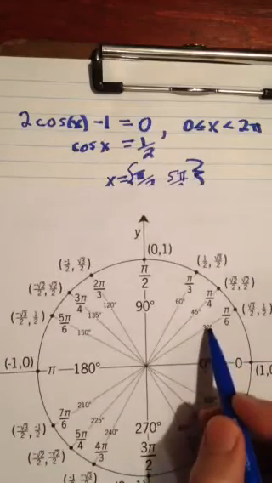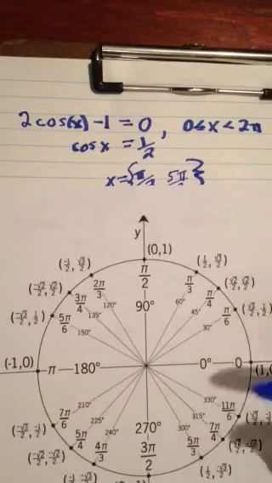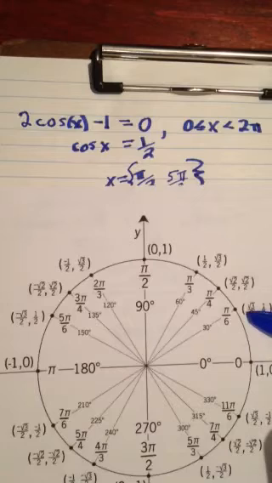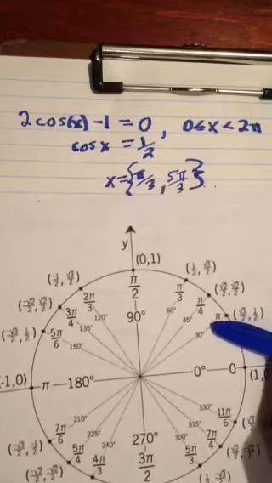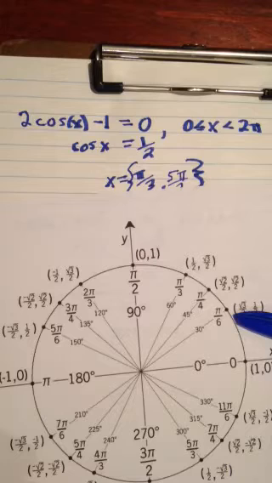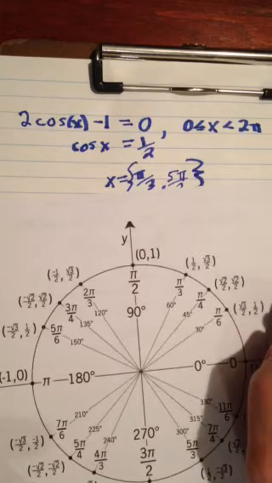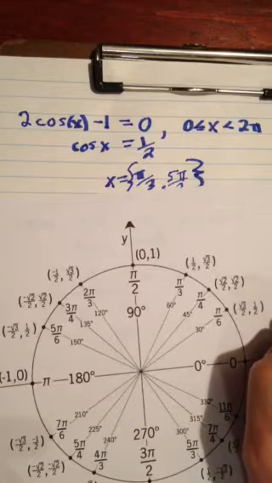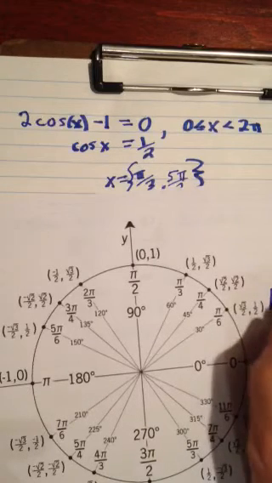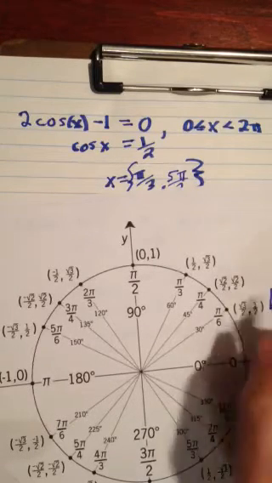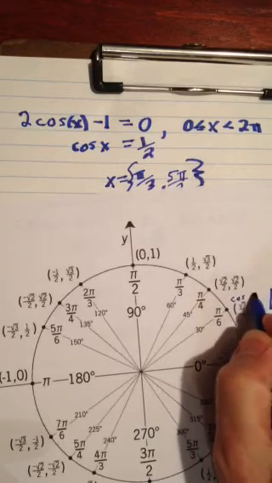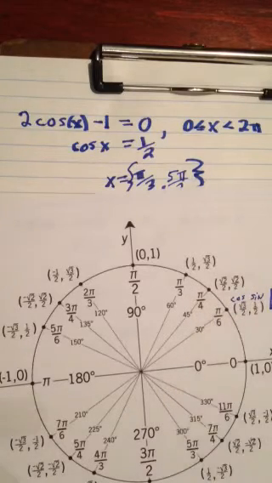So, for instance, the tangent here would be 1/2 divided by the square root of 3 over 2. The bottoms cancel out, and so the tangent at this position is 1 over square root of 3. Remember, the first number is the cosine, the second one is the sine.